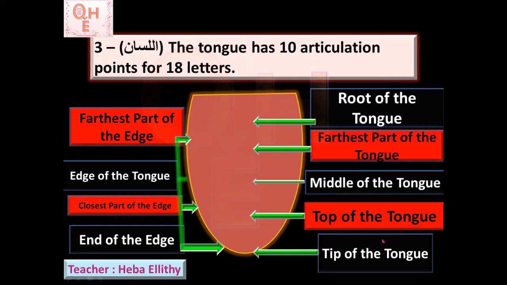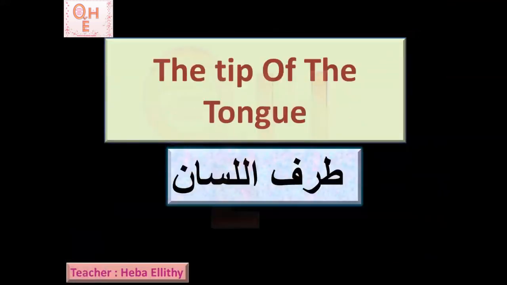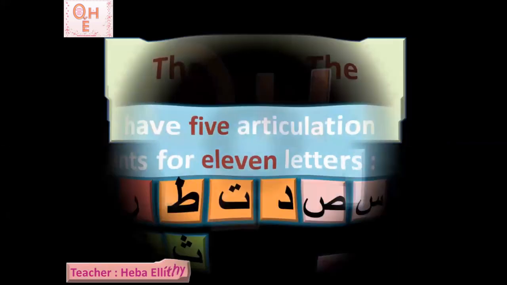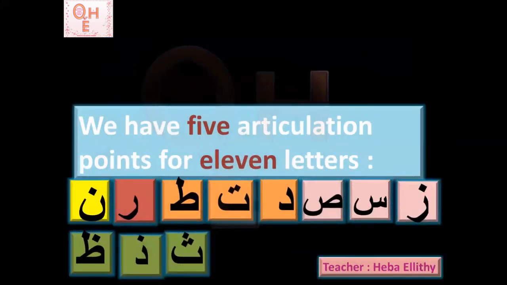We finished a few classes on the tip of the tongue, and inshallah we continue our classes on taraf al-lisan, the tip of the tongue. We said we have 5 articulation points for 11 letters that come out from the tip of the tongue. The first letter is Nun, the second letter is Ra. These are 2 separate articulation points.